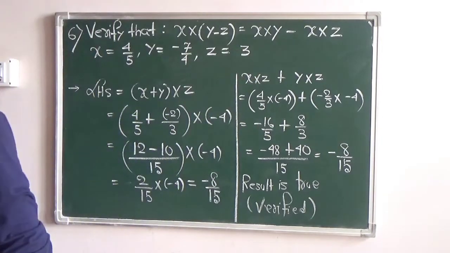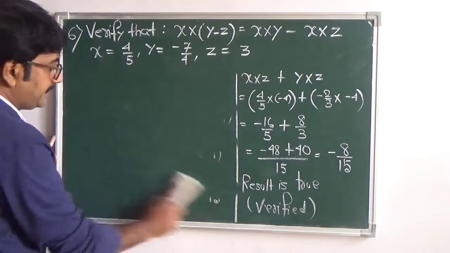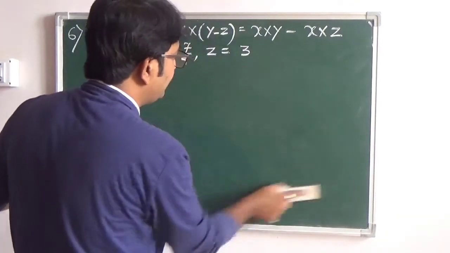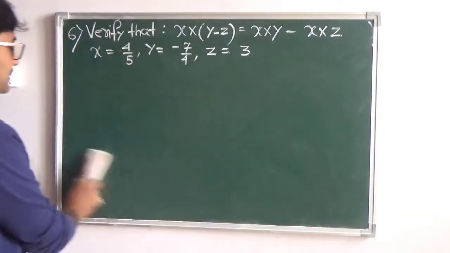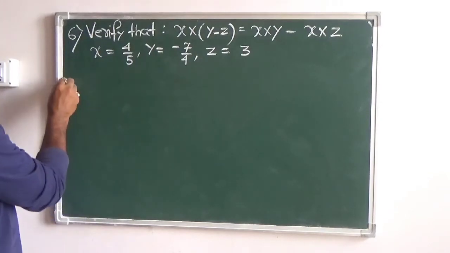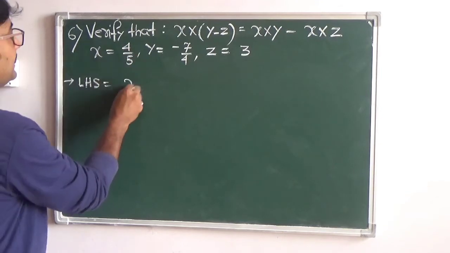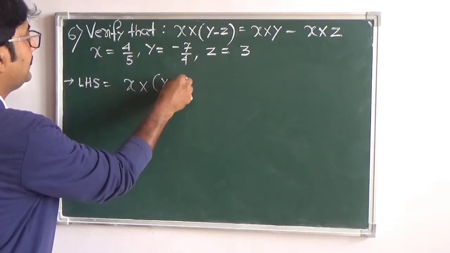So let us start again in the same format. We start with the left hand side and then move on to the right hand side, and we'll check whether the values on both the sides are the same or not. So to start with, let us start from the left hand side. We have x multiplied by y minus z.